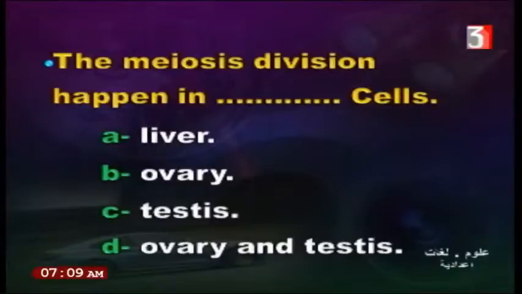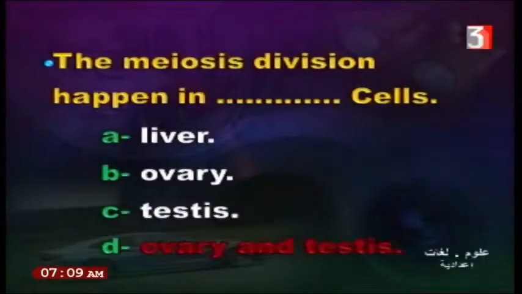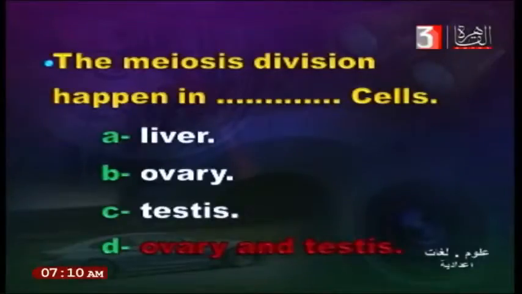Ovary contains reproductive cells and testes also contain reproductive cells. So the most correct answer is ovary and testes. Meiosis division happens in ovary and testes to form gametes: ovum in the case of ovary and sperms in the case of testes. Next one.